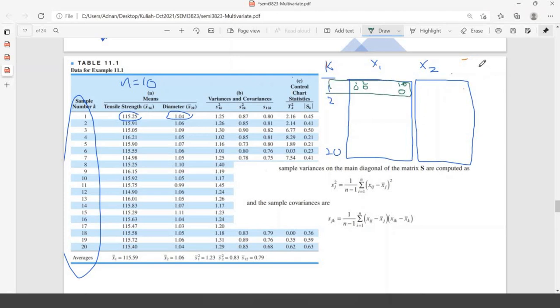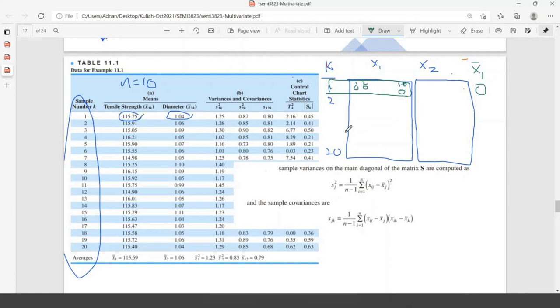So now you get x bar here for 1. Adding all these numbers and dividing by 10, you get the value here, which is 115.25.